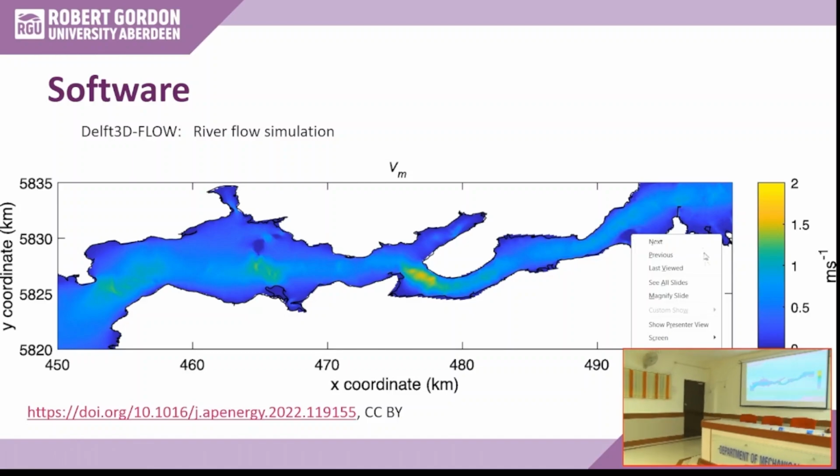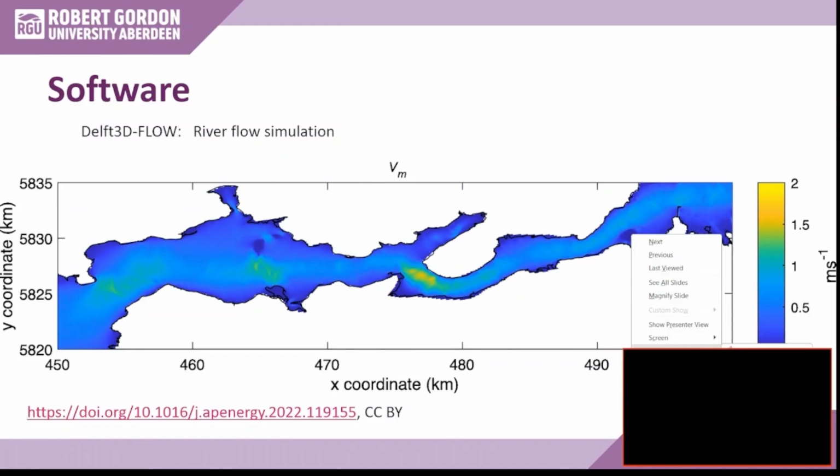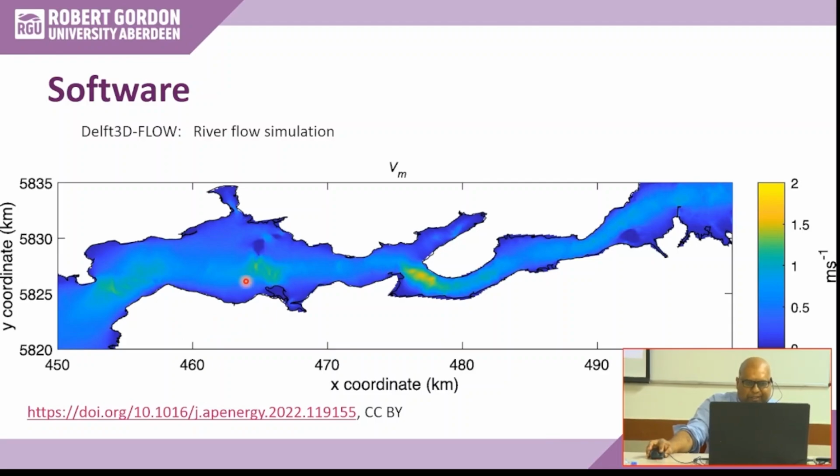Sorry, if I can go back to my laser pointer. This may be a good place to put your hydrokinetic turbines because they have the high velocity of 2 meters per second. If I tell you to put your hydrokinetic turbine here, is that a good location? No, sir. So that type of simulation is important to find the location.